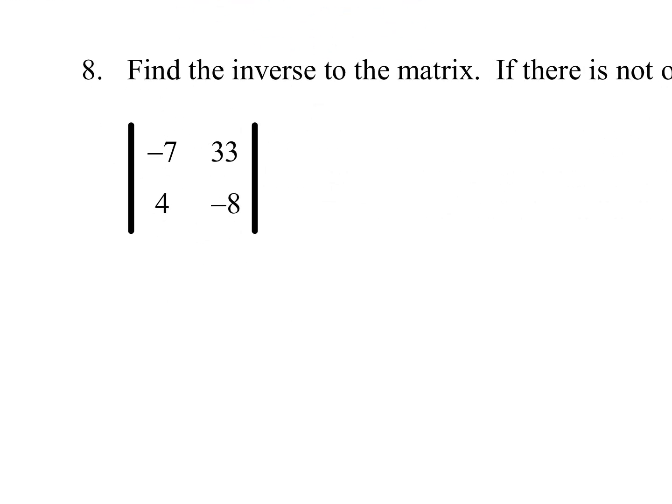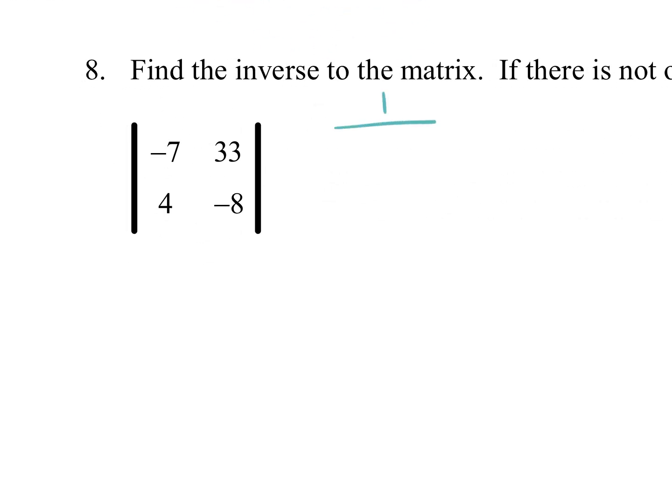All right, let's do number 8. So same thing, 1 over majors minus minors. Our majors would be 7 times 8. What's 7 times 8? Majors start up at the top left. So like the first number, that diagonal is going to be our major. 56, thank you. Minus the minors start up at the bottom. So this diagonal would be our minor.